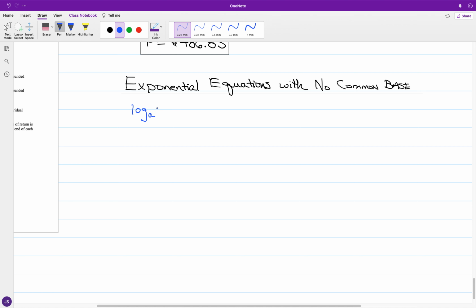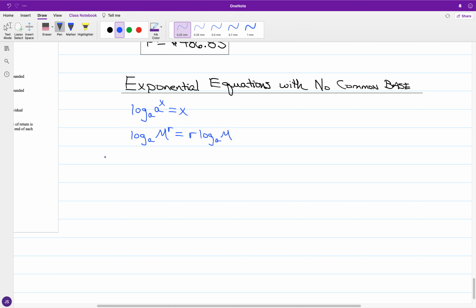We had the base a logarithm of a to the x is equal to x. And also we had that the base a logarithm of m to the r is equal to r times the base a logarithm of m.